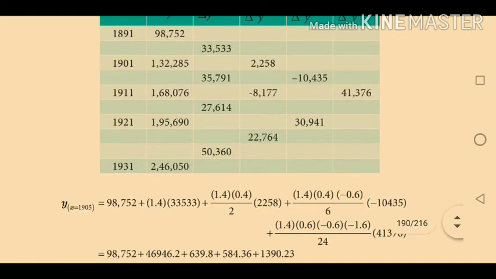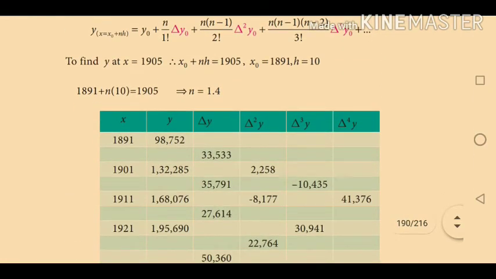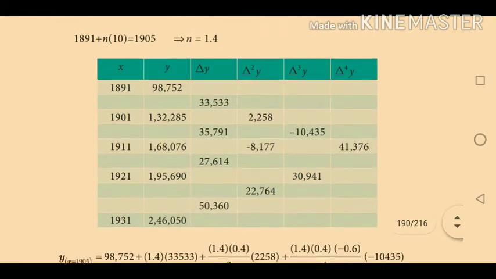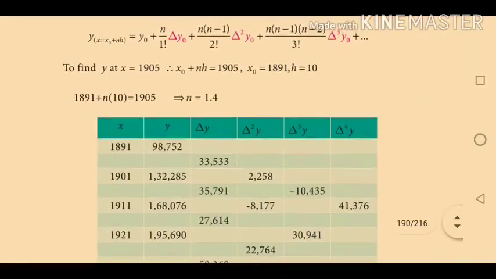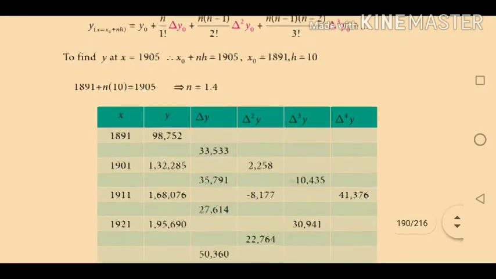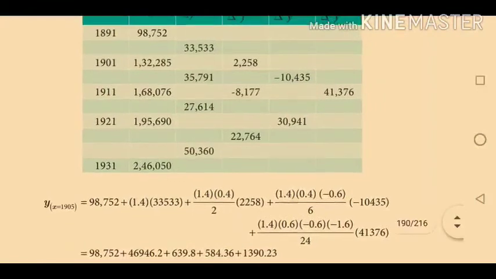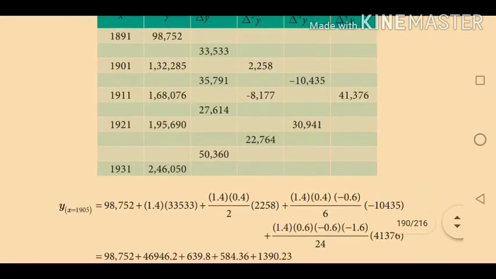Now apply this in the formula, that is y0 plus n over 1 factorial into delta y0. Here y0 is 98,751, n you already know is 1.4, and delta y0 is 33,533.